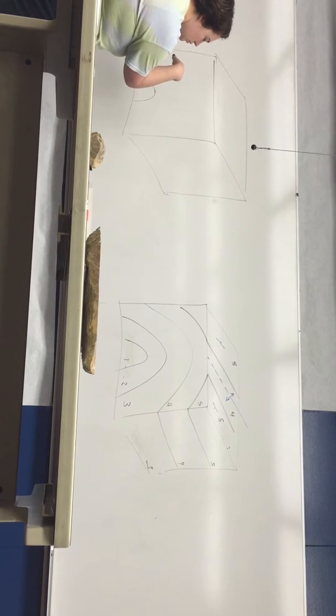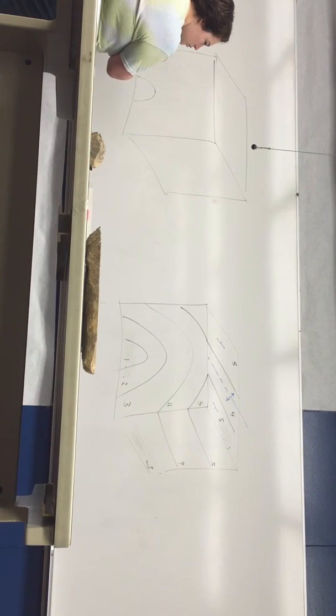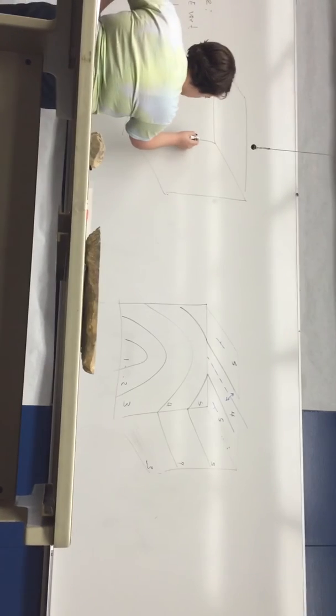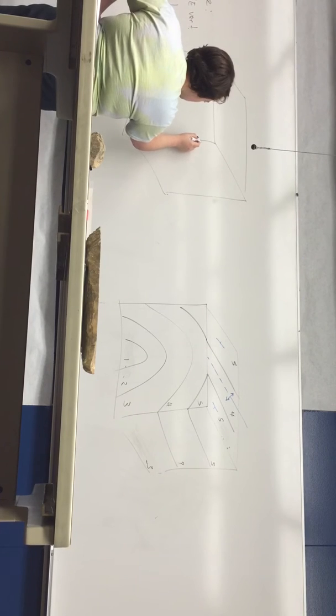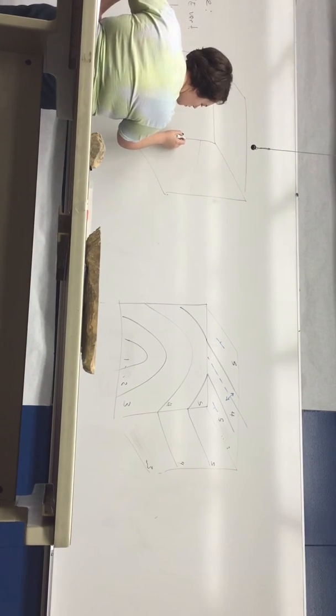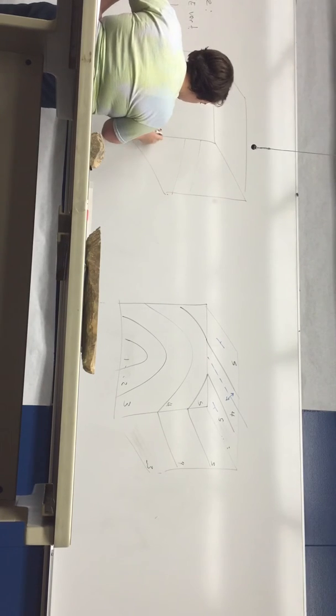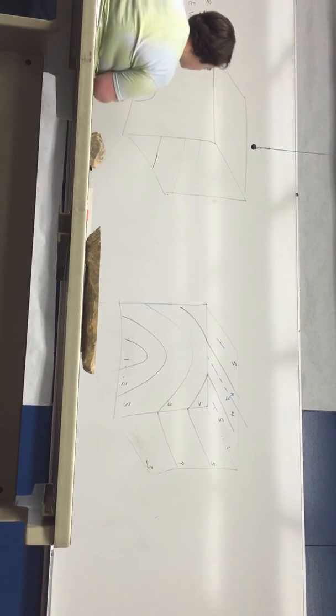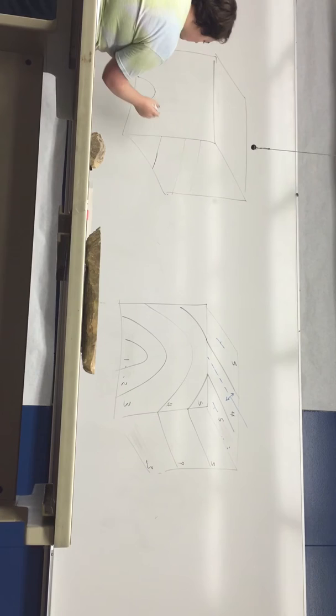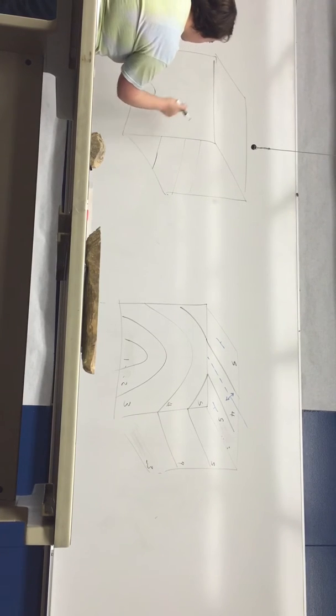And in this case, my strike is north-south. My dip of the hinge surface is still vertical. So this is the strike and dip of the hinge surface. This would be the plunge of the hinge line itself. Strike and dip of the hinge surface, plunge of the hinge line. Does that make sense? Yeah, it does. Thank you.